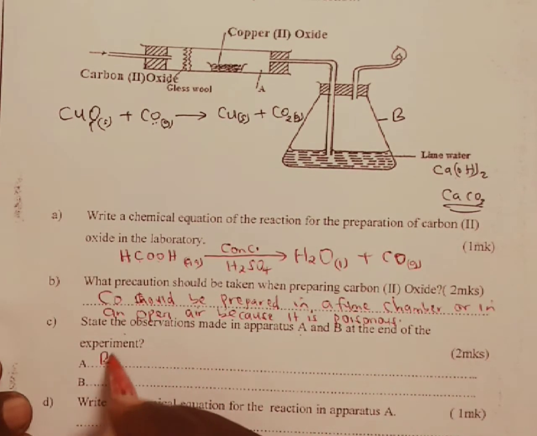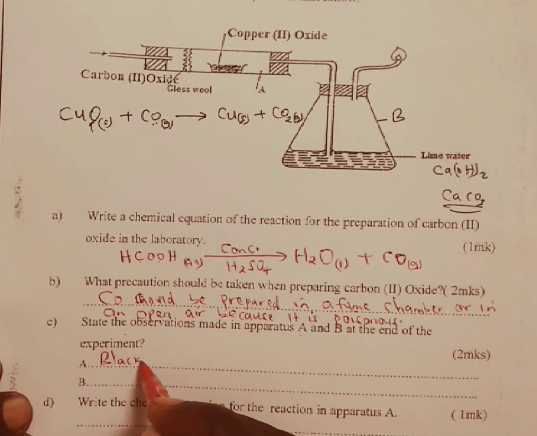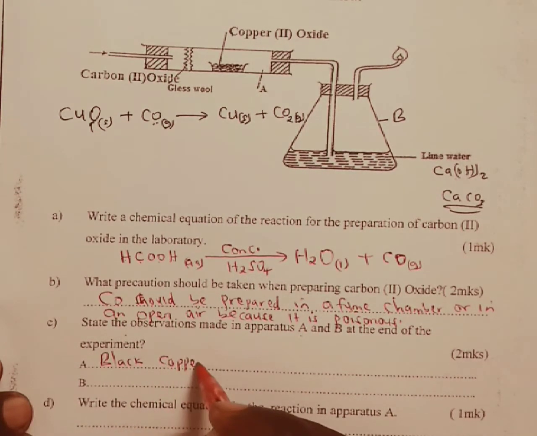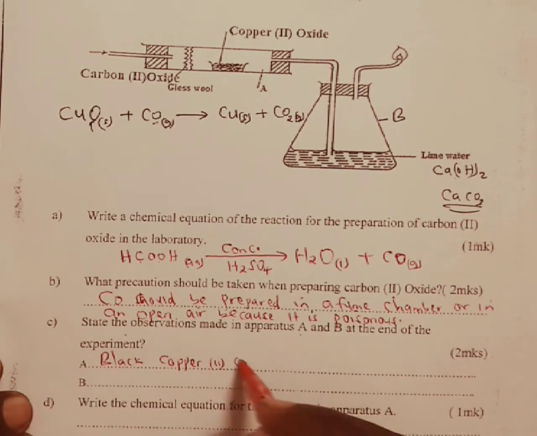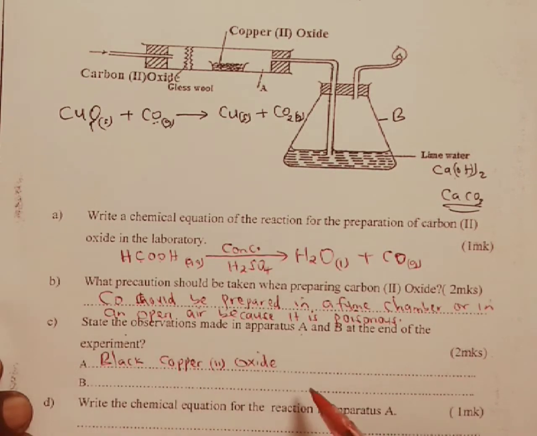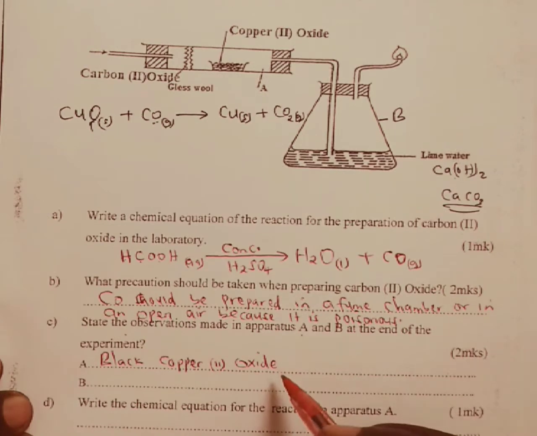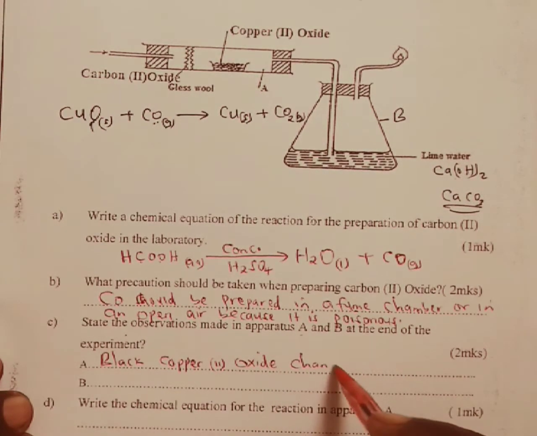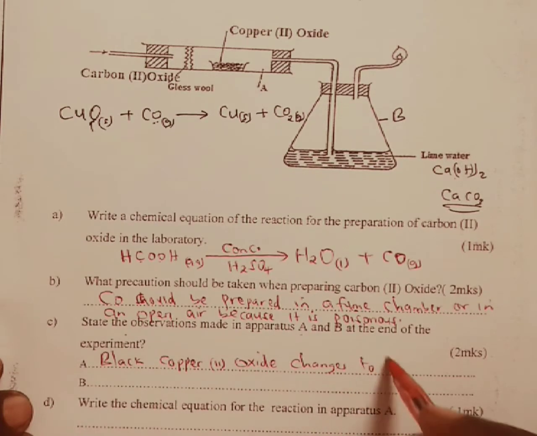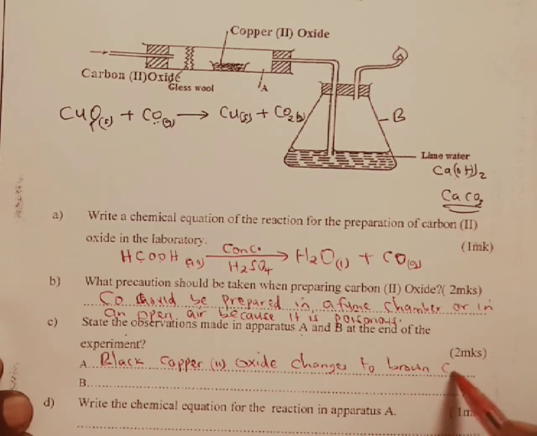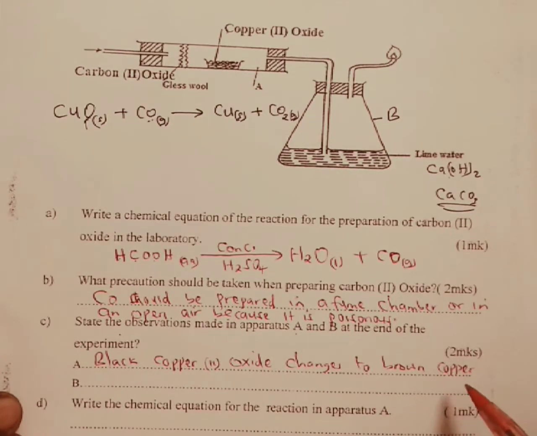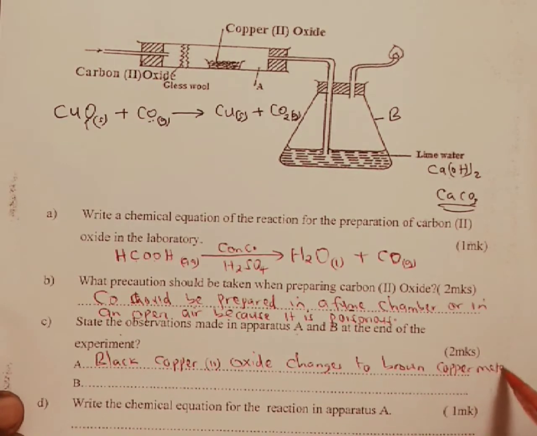So we can say black copper 2 oxide changes to brown copper metal.